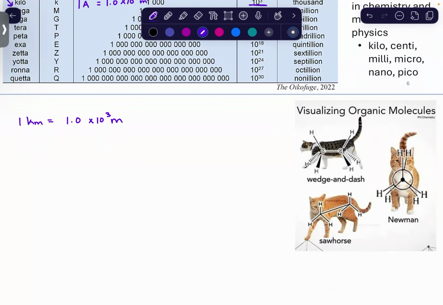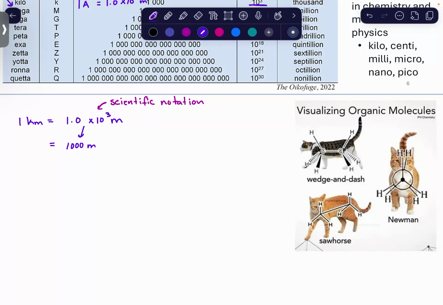Sometimes you'll see me in calculations, 1 kilometer is 1,000 meters. Now, 10 to the third is something called scientific notation. Make sure you know how it works. Review that, and make sure you understand scientific notation. So 1 times 10 to the third is the exact same as 1,000.